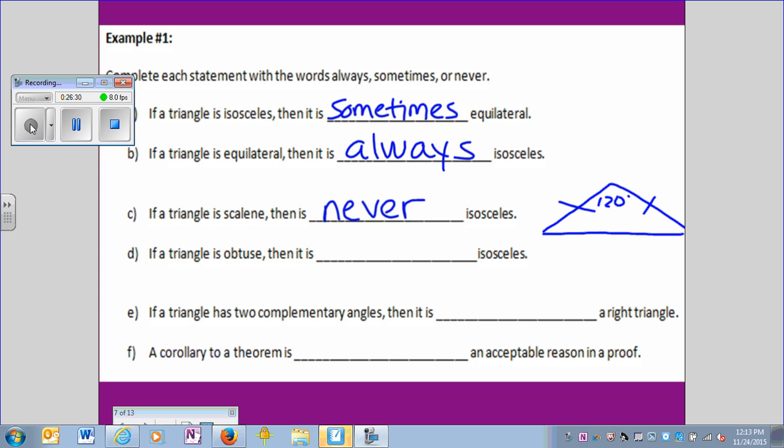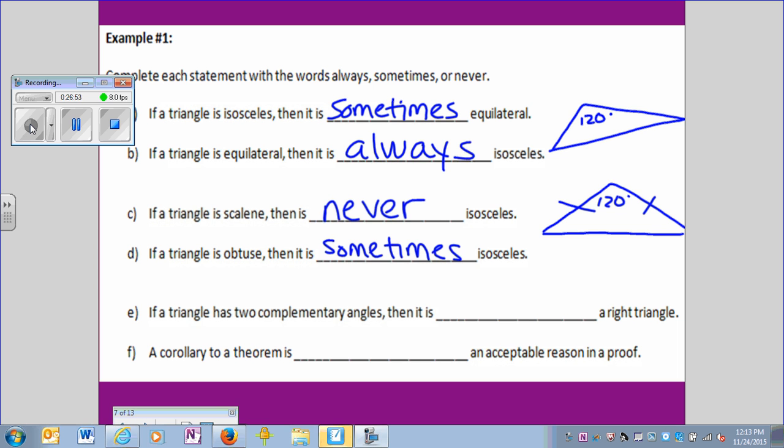Sometimes. It's going to be sometimes. Because there are triangles that are isosceles and obtuse, and there are triangles that are obtuse and not necessarily isosceles. So sometimes our obtuse triangles are isosceles, sometimes they're not.